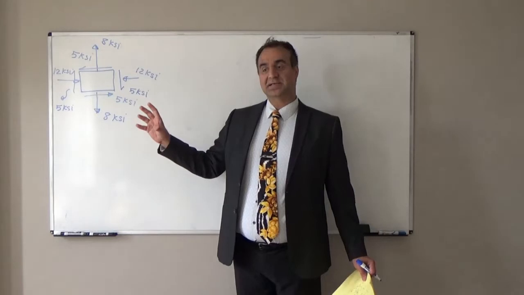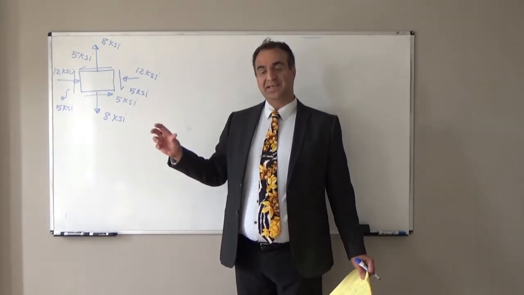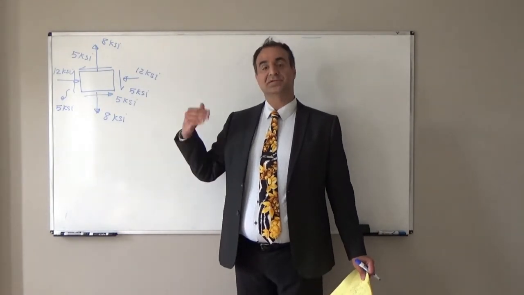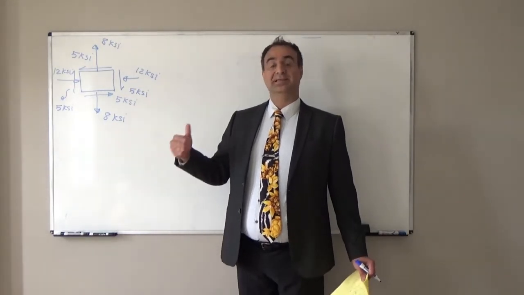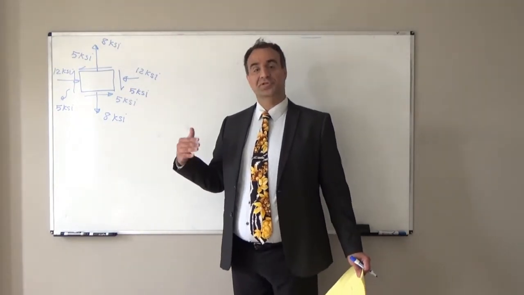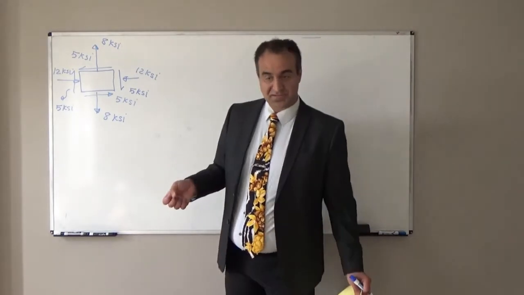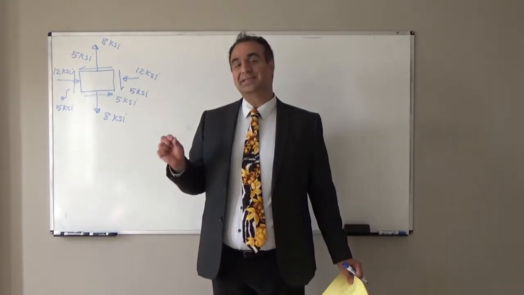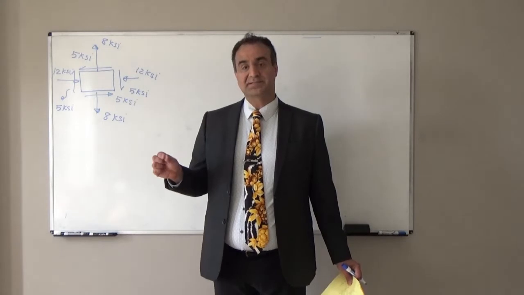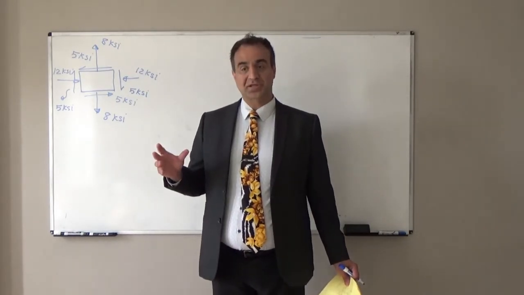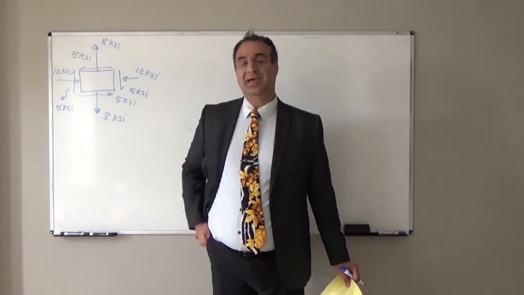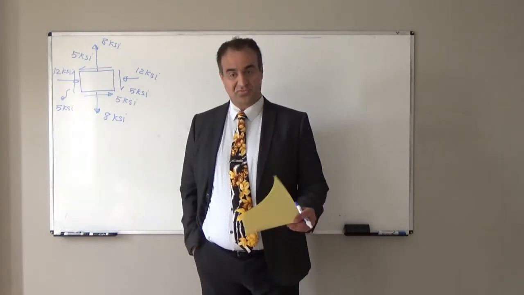This stress can create maximum normal stress in another direction, and it can create maximum shear stress in another direction. What is the magnitude of that maximum normal stress? We don't know. What is the orientation or direction in which we will have that maximum normal stress? We don't know.